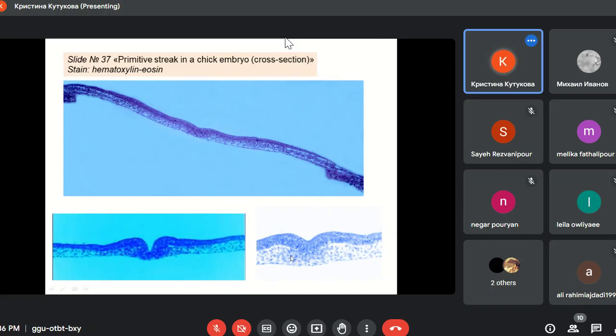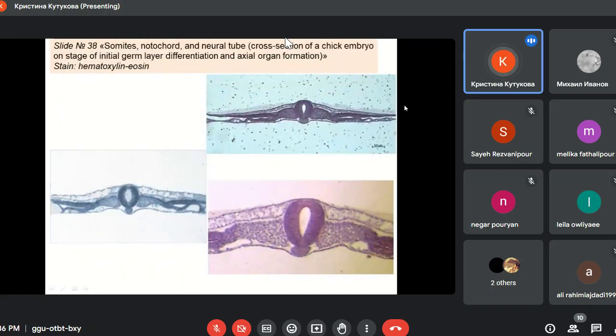The same is here. Second stage: somites, notochord, and neural tube of a chick embryo, also in cross-section. Here we have already three layers: ectoderm, endoderm, and between them mesoderm. Mesoderm consists of somite, somite stalk, and lateral plate mesoderm.